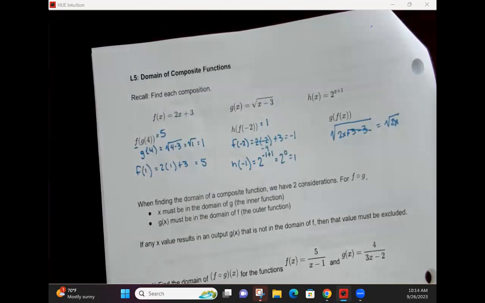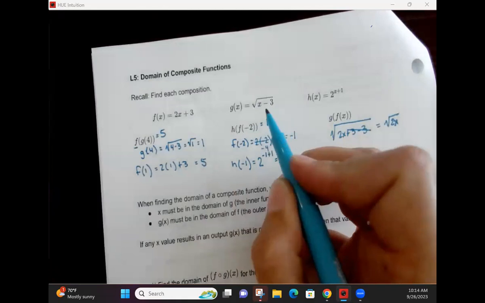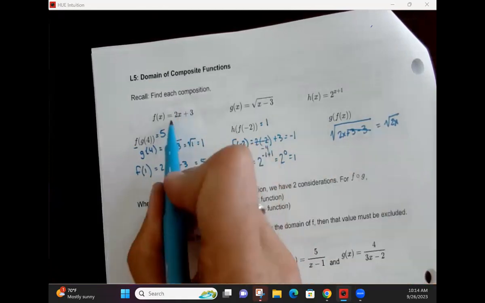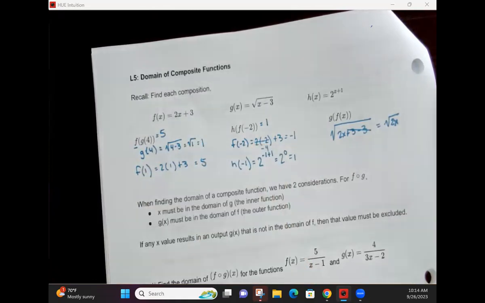Here's where things get a little more complicated. Here's where things get a little weird, okay? The domain of g is not values I'm plugging in for x. The domain of g is whatever I get from the output of f of x, right? For a composite function, the output for the first function is the input for the next.